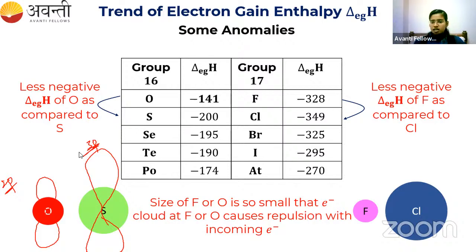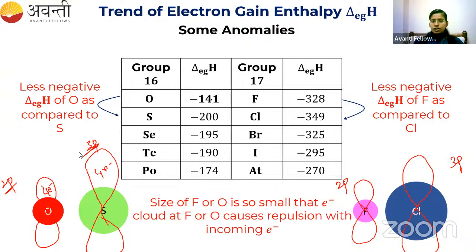In the same manner, fluorine will have a 2p orbital and chlorine will have a 3p orbital, which is bigger in size. And in the 2p and 3p orbitals, we already have some electrons, right? Oxygen and sulfur belong to the 16th group, and they will already have four electrons in their 2p and 3p orbitals.